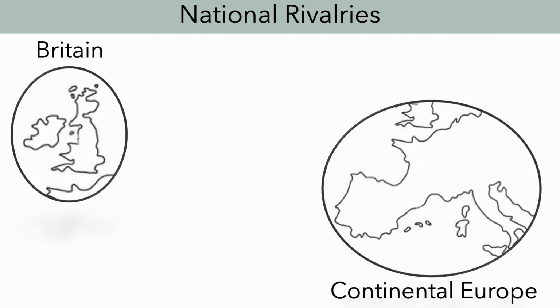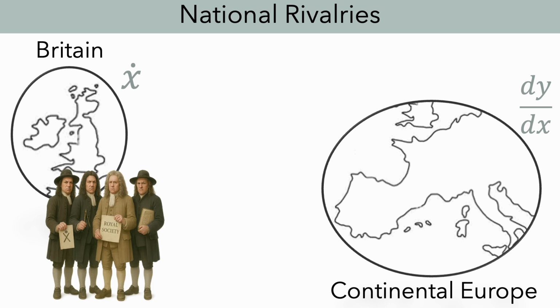British mathematicians loyal to Newton stubbornly stuck with his dot notation. Continental European mathematicians embraced the dy dx symbols. This wasn't just preference, though. It was mathematical nationalism. The Royal Society had declared Newton the true inventor of calculus, and they were going to prove it using his notation.